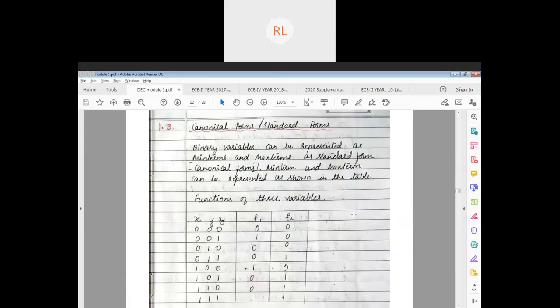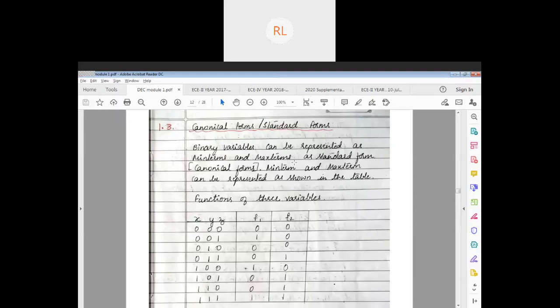Today we are going to see what the canonical forms and the standard forms are. Sometimes I can ask questions like, using canonical forms, explain this concept, or in specific explain max terms, or I can even say using standard forms. Standard forms and canonical forms both represent the same thing.